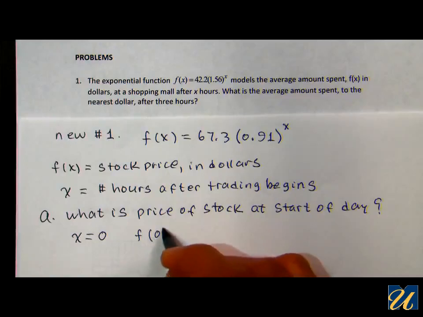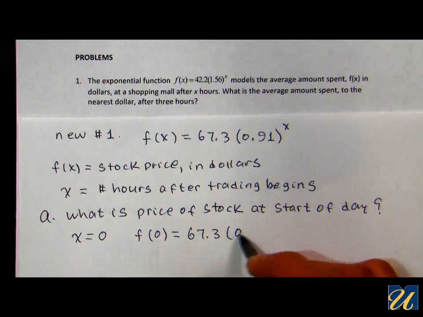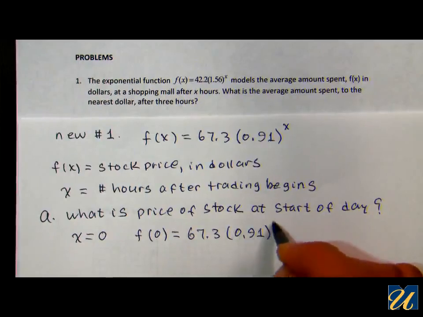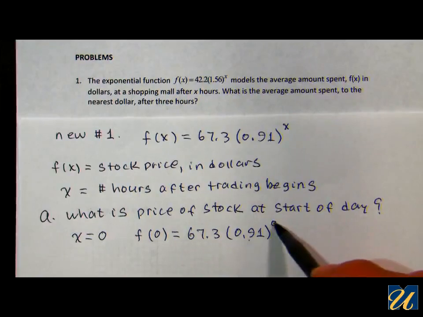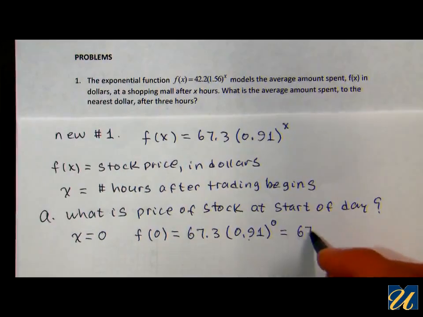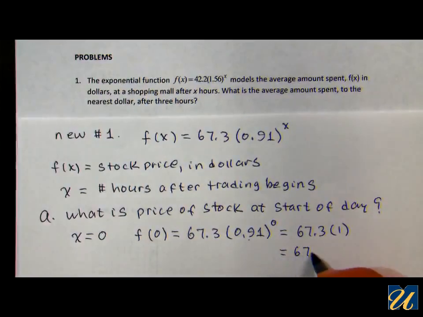Then f of 0 is 67.3 times 0.91 to the power 0. A non-zero number to the power 0 is 1, so this is 67.3 times 1. So the original price of the stock when trading began was $67.30.